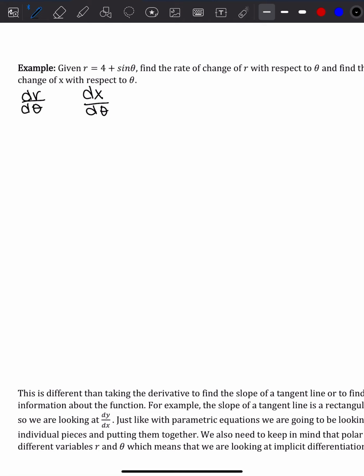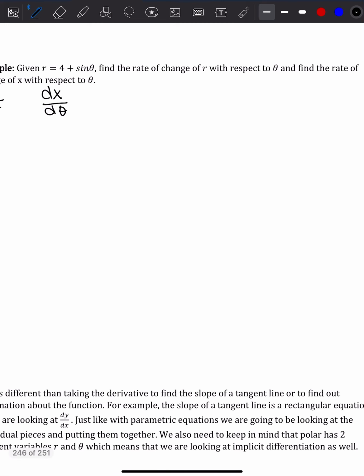Dr over d theta, we're just going to take the derivative of what we have straight up, and we're done. Dx over d theta, we need to find what x is, and then take a derivative.